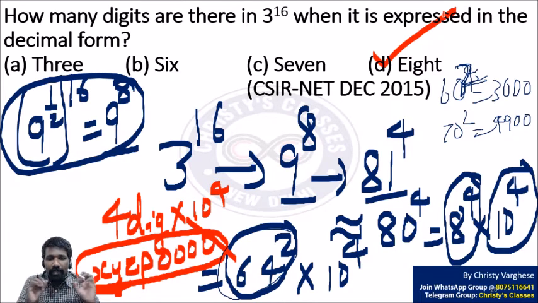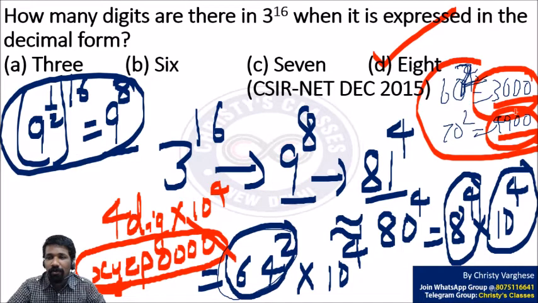Because we can say 80 raised to 4 is approximately 64 square into 10 raised to 4. 64 square will be a 4 digit number because 60 square also is 4 digit. 70 square also is 4 digit, means 64 square, which is in between them, definitely can only be 4 digit number. Because in between a 4 digit and 4 digit number, how can there be a 5 digit or 3 digit number?